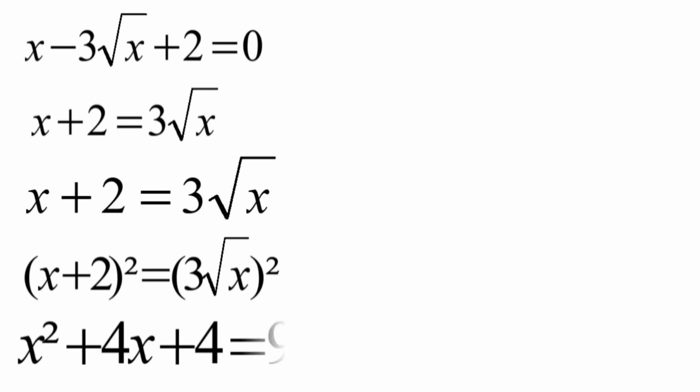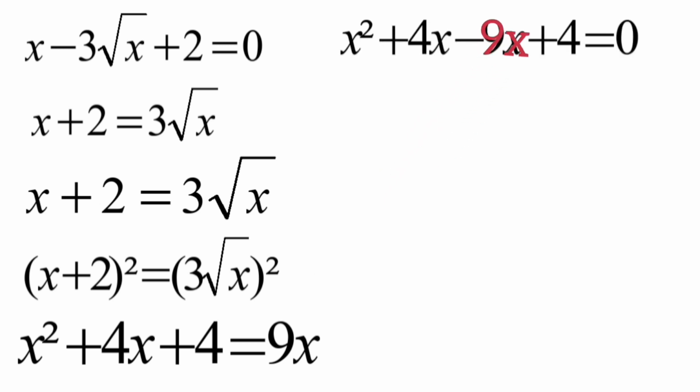Then we have binomial squaring. We have x squared plus 4x plus 4 equals 9x, because 3 squared is 9 and the square root of x, squared, is x. So we have to transpose 9x to the left side of the equation.